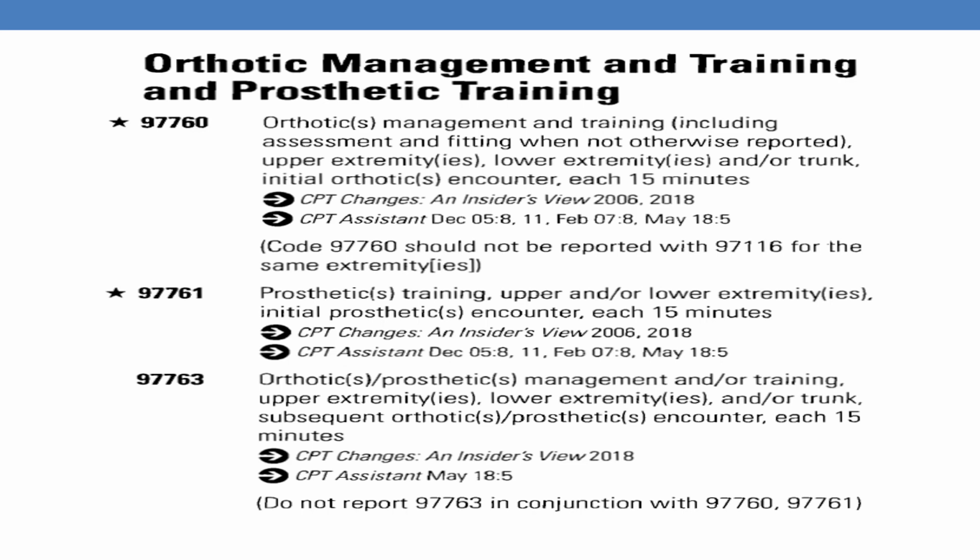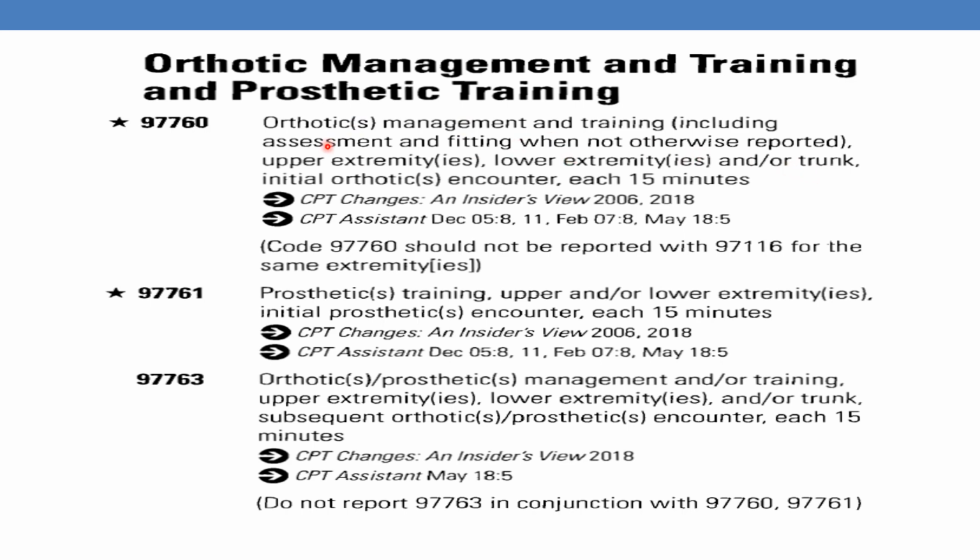Now coming to the CPTs that come under OMT, which is orthotic management and training and also prosthetic training, there are mainly three CPTs: 97760, 97761 and 97763. The star mark before 97760 and 61 indicates they are also applicable for telemedicine. Now coming to the description of 97760, it indicates orthotic management and training, including the assessment and fitting, when not otherwise reported.